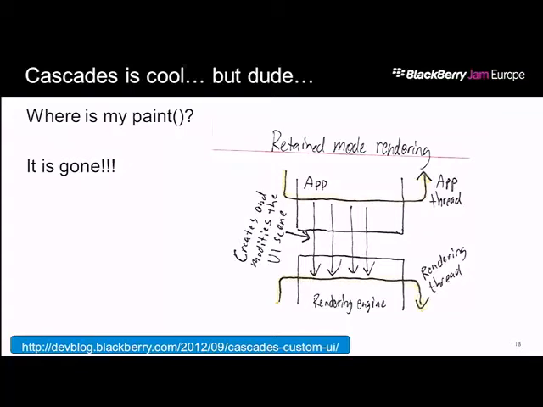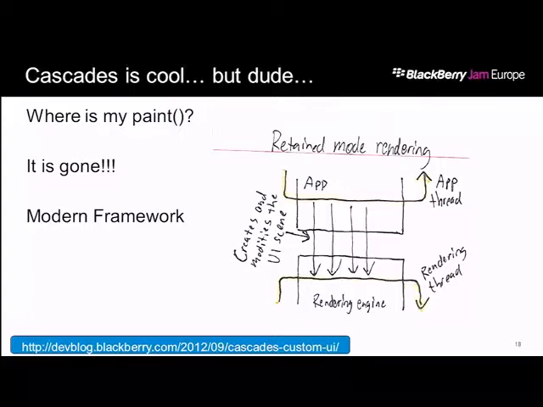How would you build a custom component in Cascades? Essentially, instead of overriding a paint method, we use composition. So basically, you would use the existing components and combine them into a custom component. Now, that has certain limitations.